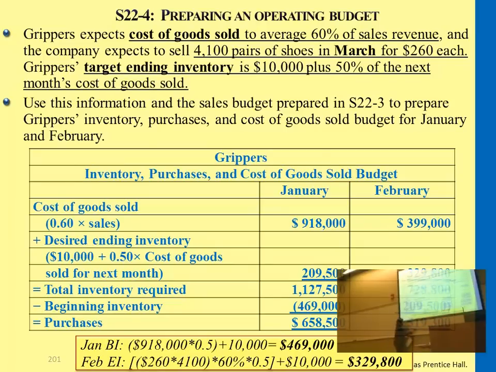If we want to get December's ending inventory, remember the ending inventory policy is $10,000 plus 50% of next month's, which is January's, cost of goods sold. So we'll be using $918,000 times 50% plus $10,000 to get to $469,000. This is the ending inventory of December, which is also the beginning inventory of January.